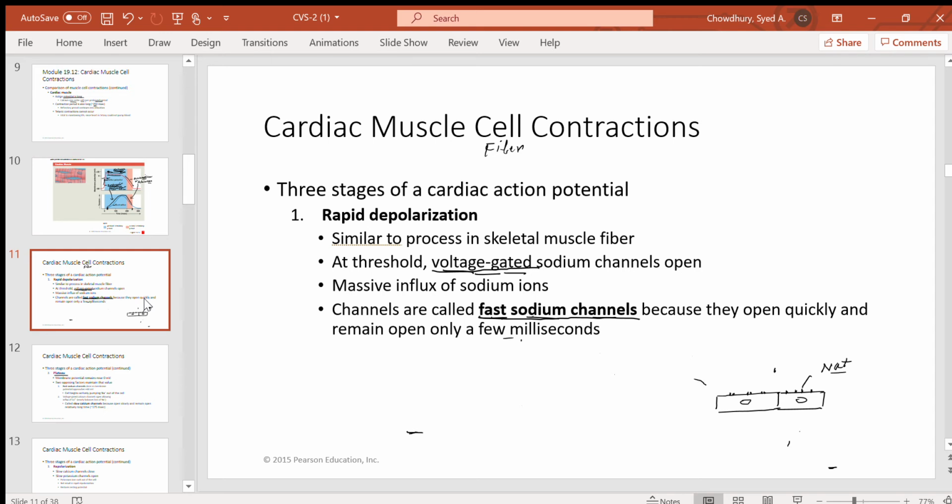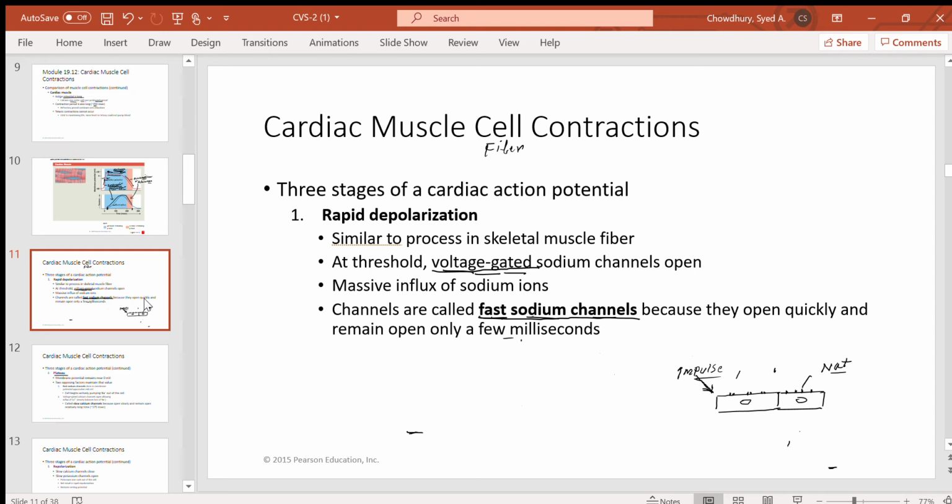Which signal? You remember a few minutes ago I mentioned that the conductive system produces the impulse. What kind of impulse? Electrical impulse, right? So when that electrical signal arrives in the muscle, the sodium channels will get opened.